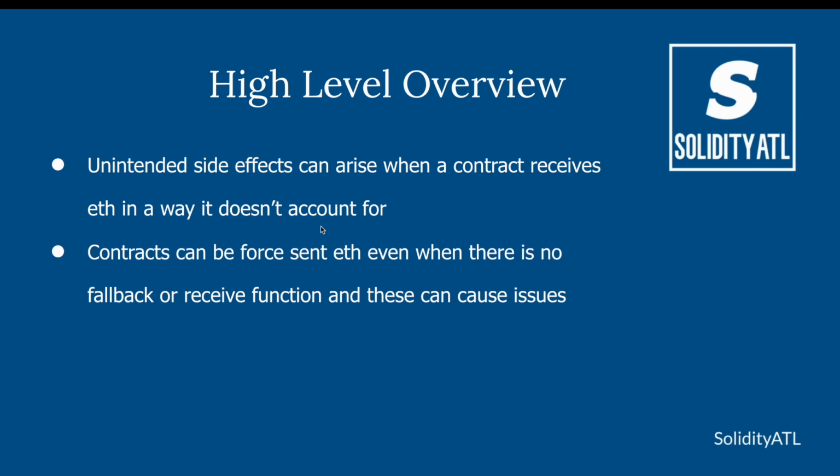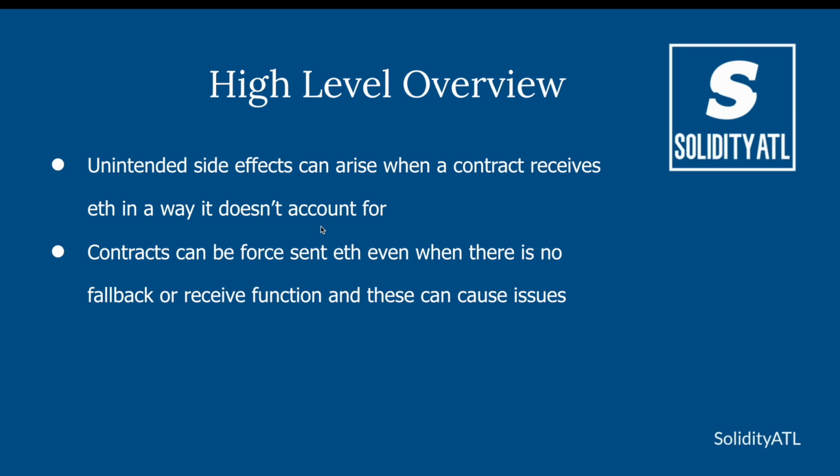When you call a self-destruct within a contract and you point the receiving address of those funds to a contract that, let's say, doesn't receive ETH in a fallback or receive function, it will still receive that ETH. So it's a unique way to force send ETH to contracts.